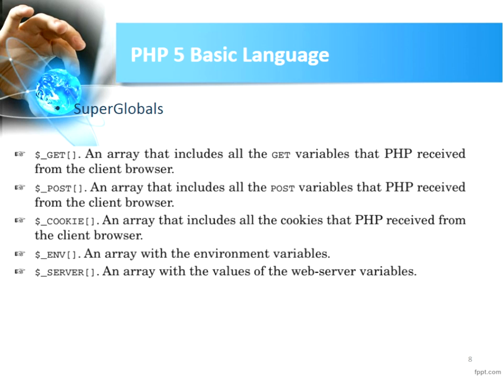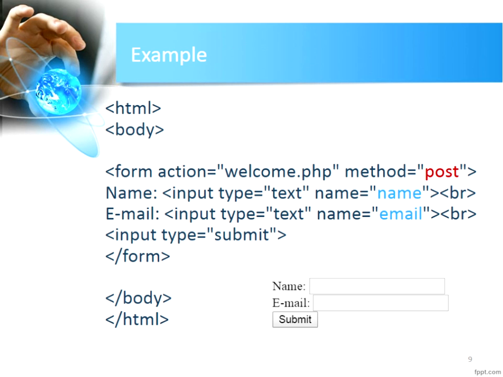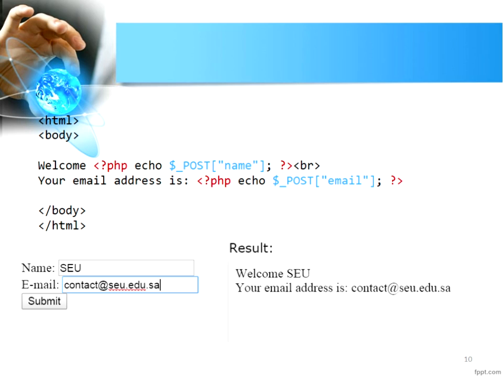After that, we discussed the superglobals, and we said that PHP 5 offers many superglobals like $_GET, $_POST, $_COOKIE, $_ENV, and $_SERVER. We saw together how we can use, for example, $_POST in this example.